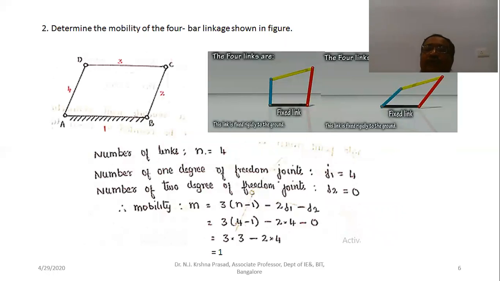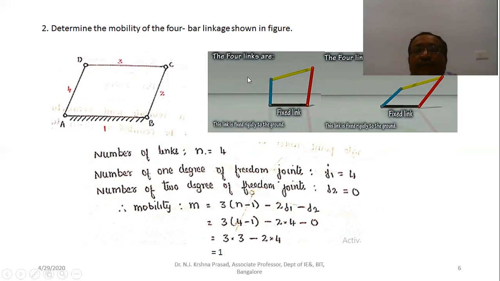Next, I move on to the second problem. It is a 4-bar linkage. In the 4-bar linkage, the links are connected by revolute joints.